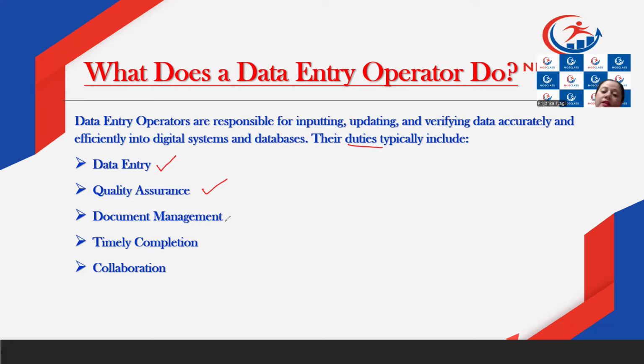Documents are easily managed. Timely completion: whatever target has been given should be met. Collaboration also has to be done. So you can see there are a lot of things a data entry operator can do to ensure the health of the data.